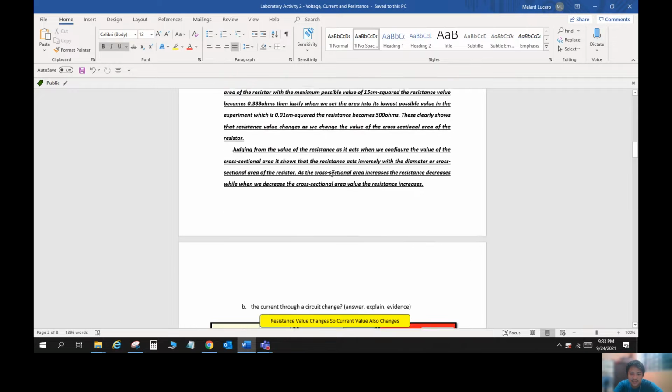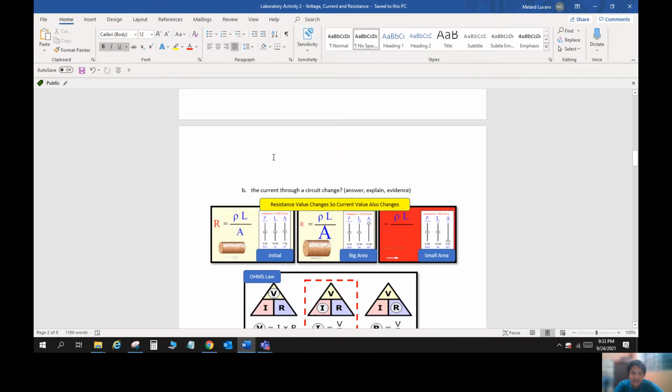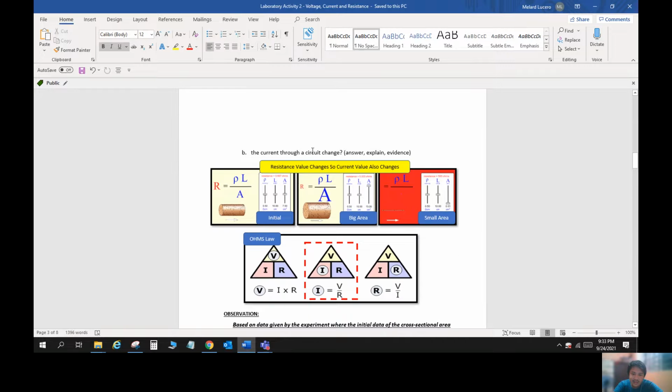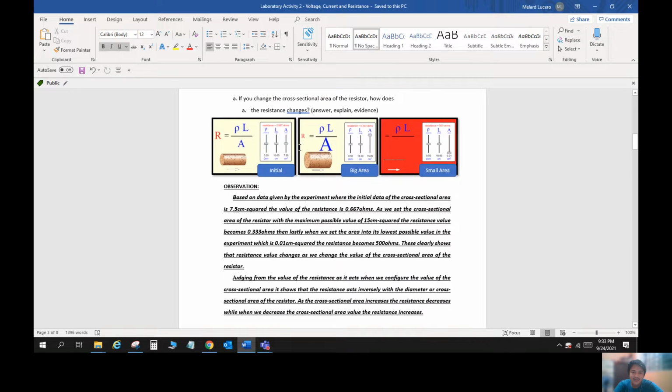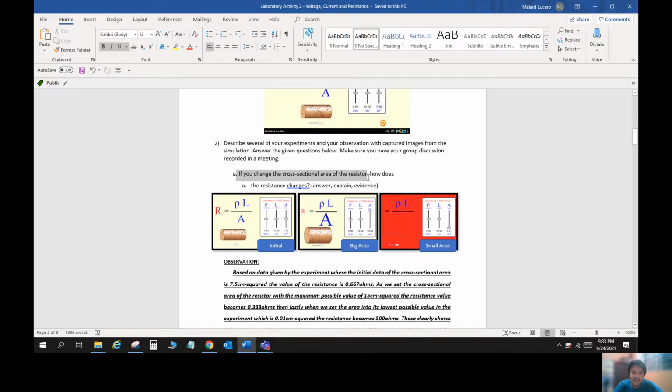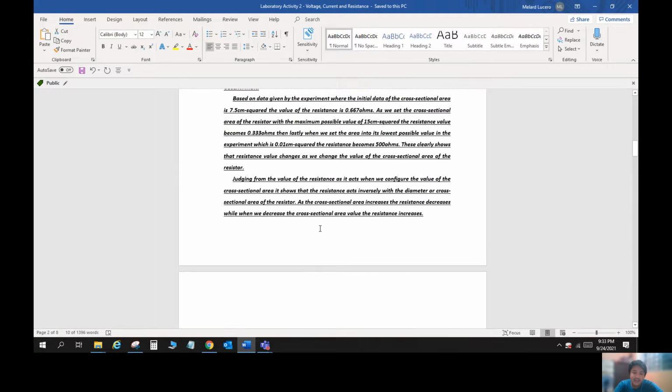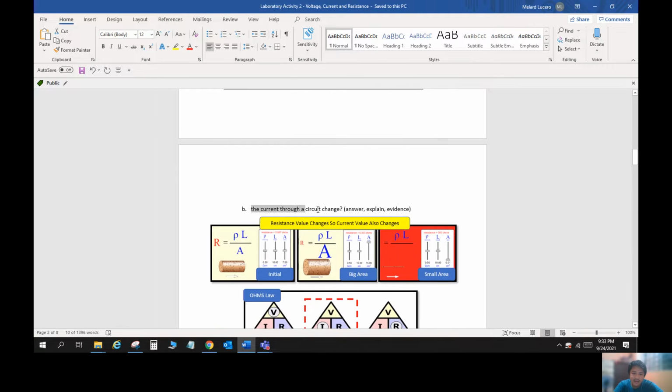Okay, so next we will be having the current through a circuit. How does the current through a circuit change? Answer, explain, and evidence. So we will be actually medyo nalilito kami dito, but guiding to this, having the change in cross-sectional area, how does the current through a circuit change?